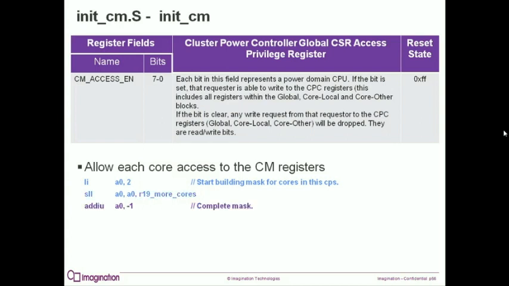Now the code subtracts 1, so again, assuming 4 processors, 16 minus 1 is 15, or F hex. So now we have all 4 lower bits set. The value is written to the global CSR access privilege register, which will now allow all 4 processing units to change the GCR.